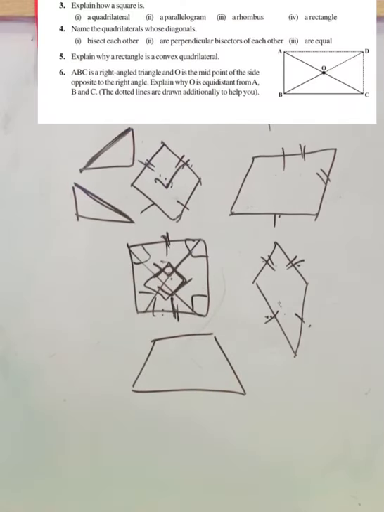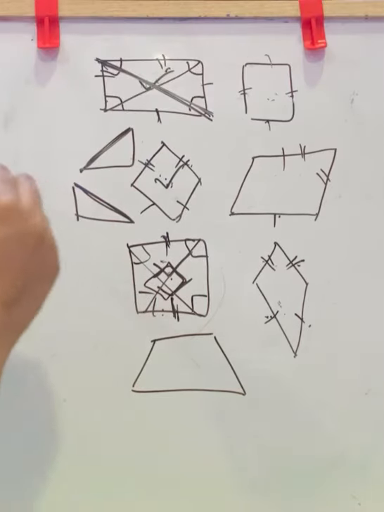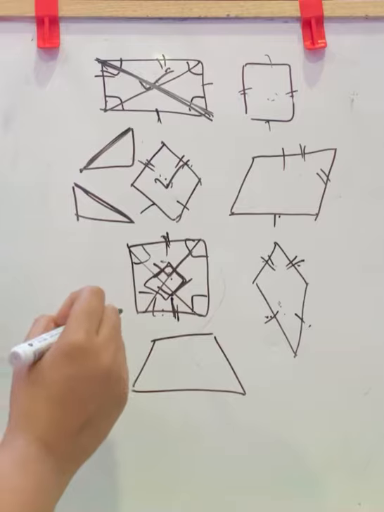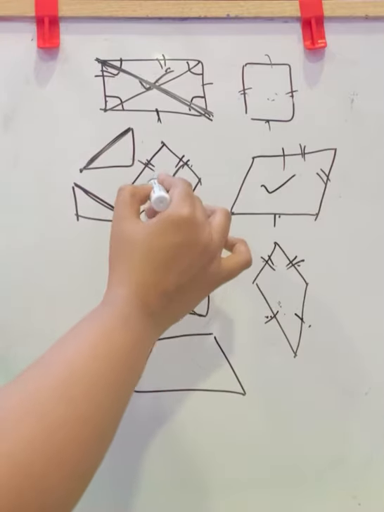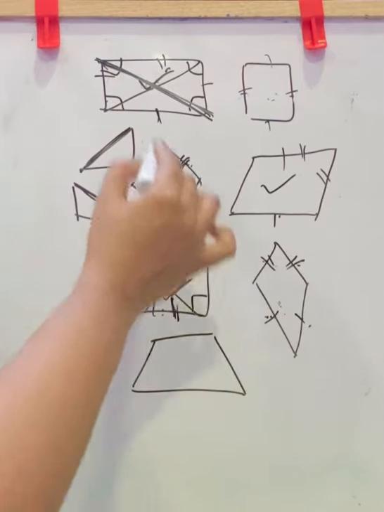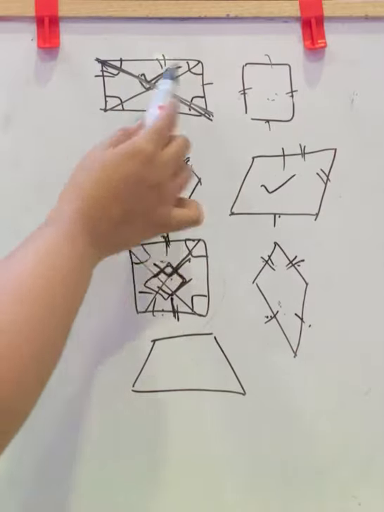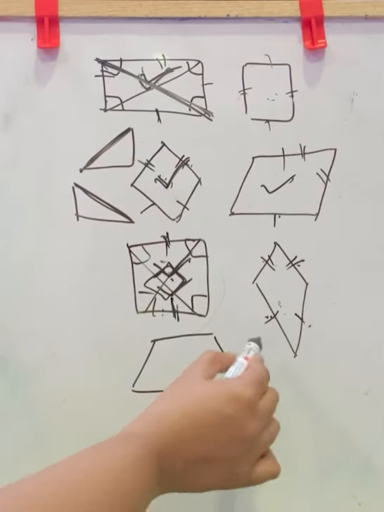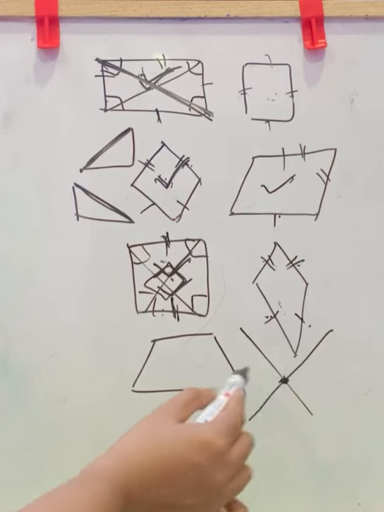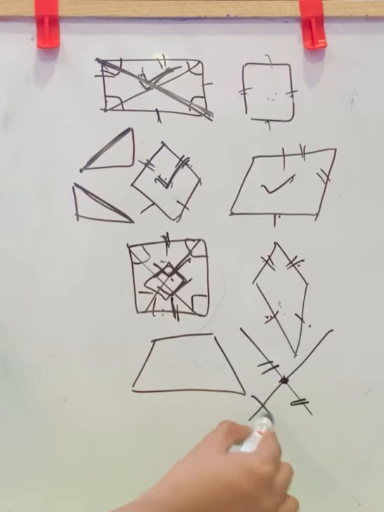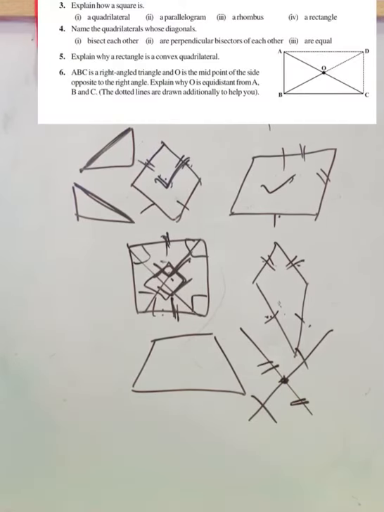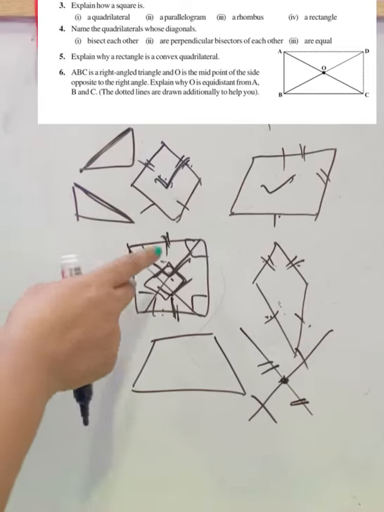Name the quadrilaterals whose diagonals bisect each other. Parallelogram, rhombus, square and rectangle. In these four quadrilaterals, diagonals bisect each other. Next, name the quadrilaterals whose diagonals are perpendicular bisectors.